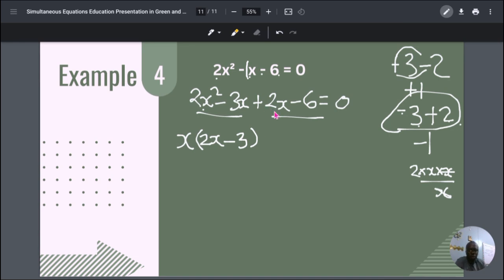So what's the factor common between this and this? I think that's a 2. 2 is the common factor between this and this. So if I use a 2, 2x divided by 2 will give me x.